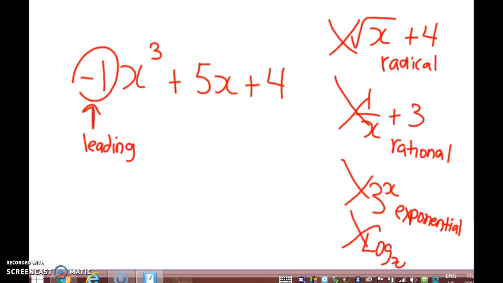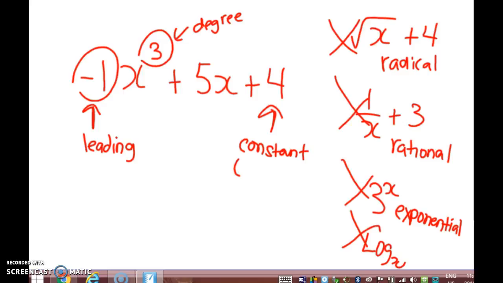The degree of a polynomial is always the highest power that shows up in it. And this is the constant because it has no x or variable with it. The constant tells us where it crosses the y-axis, so the constant is actually the y-intercept.